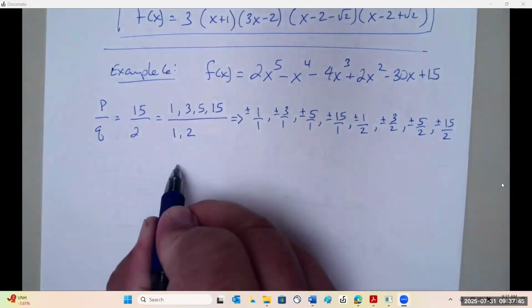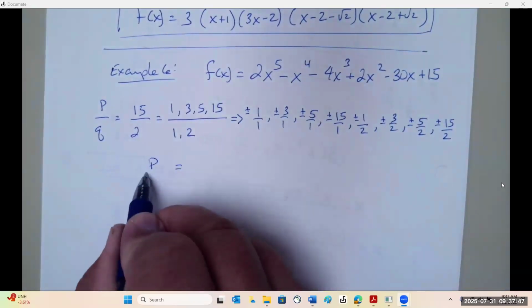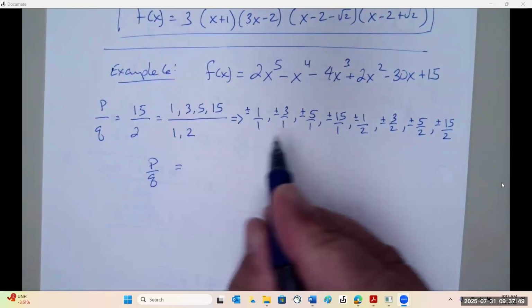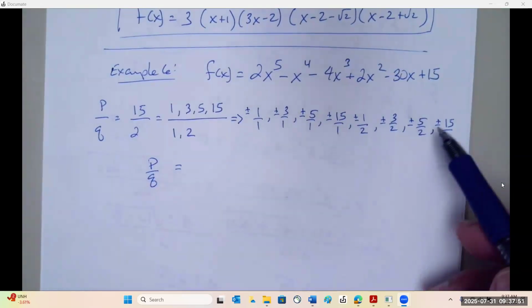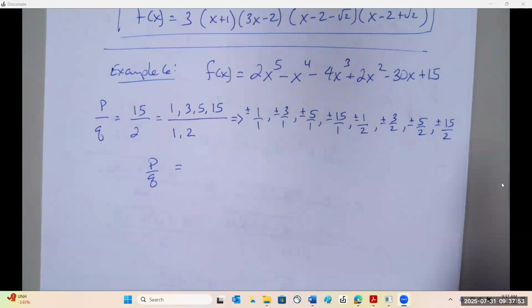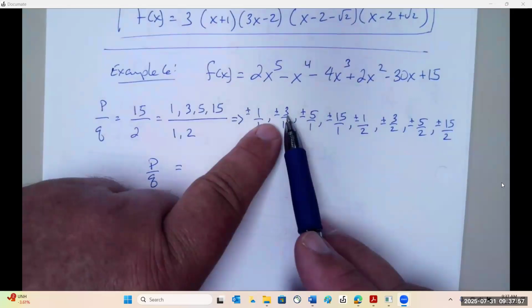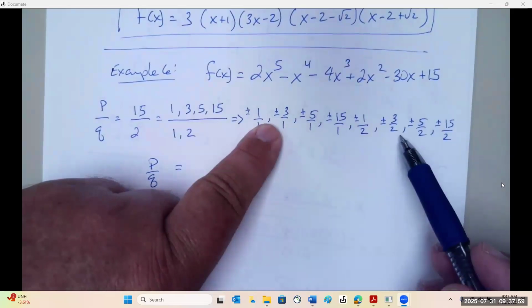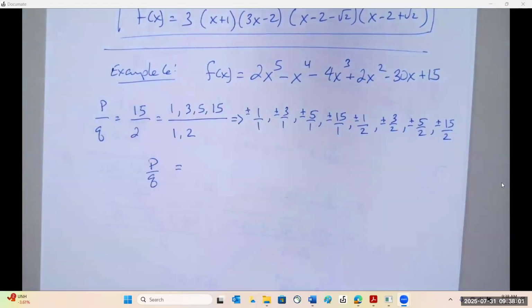The reason we do this is just in case, when you do the fractions, it simplifies to something we've done already. In other words, you can have 3 or you can have 6/2. They're the same thing. You only do it once.